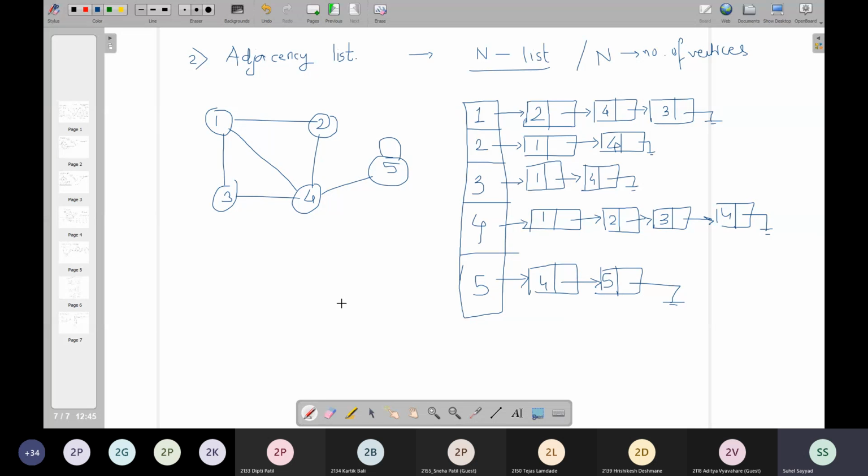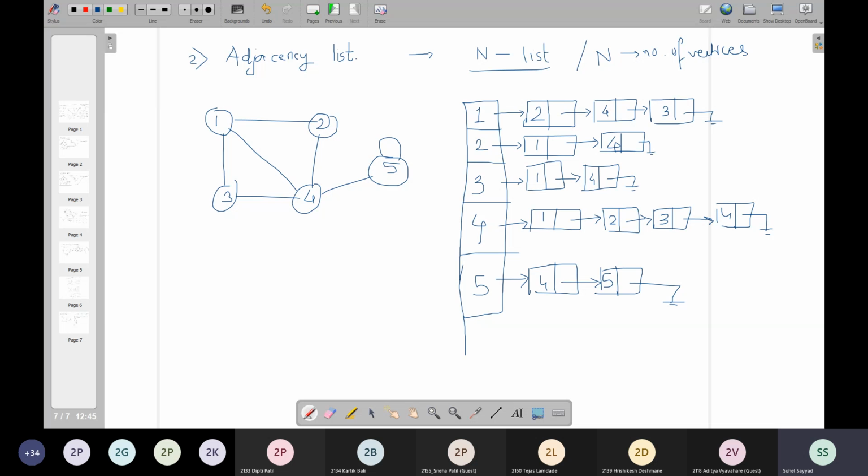Suppose for one graph, I have constructed this adjacency list, like I have done it right now. This was the given graph and I constructed this list here in front of you, right? So suppose there is one more graph, for which a list is constructed and being presented.